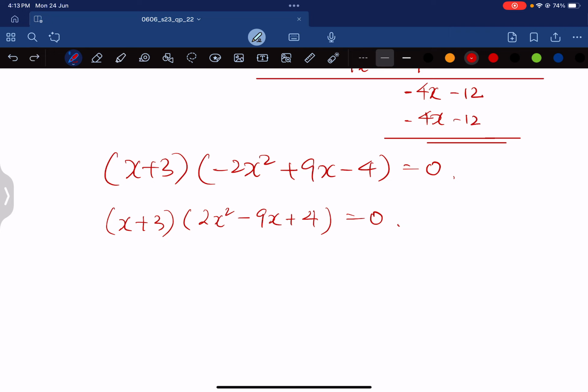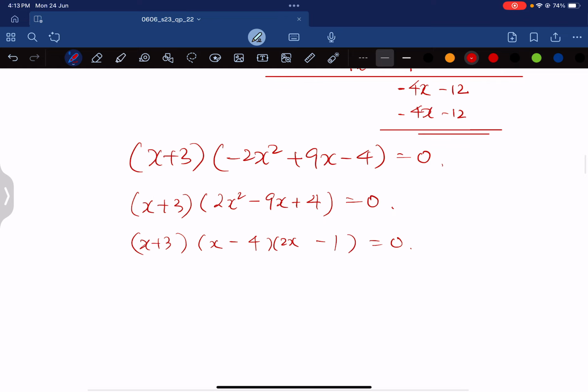Can we factorize this thing? Yeah, probably. So x, 2x, then 4, 1, then minus. So we have one x equals, the smallest one would be negative 3. And then 1, and then 4.